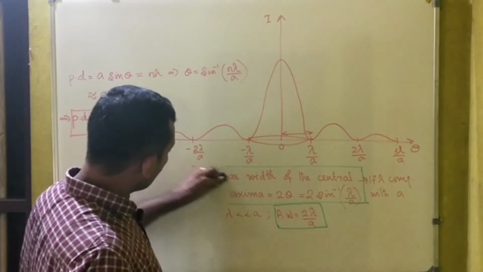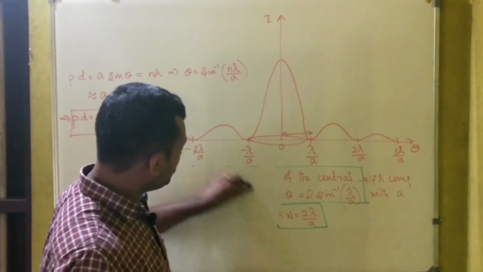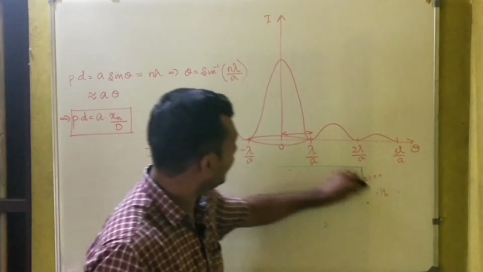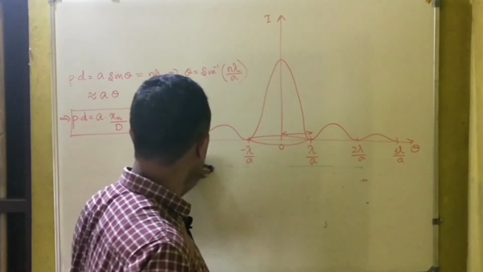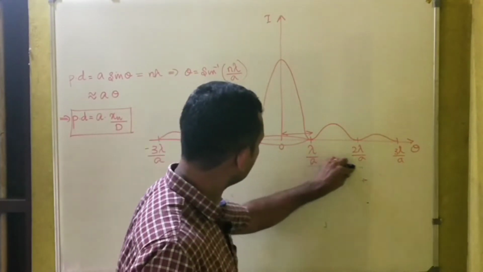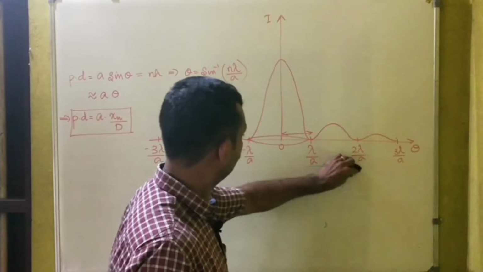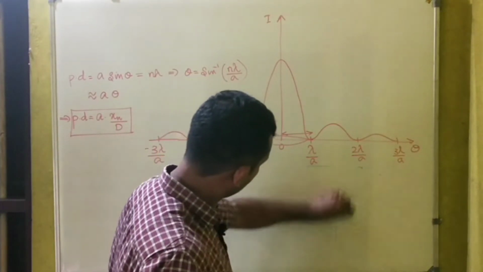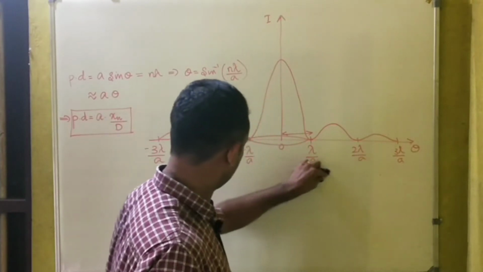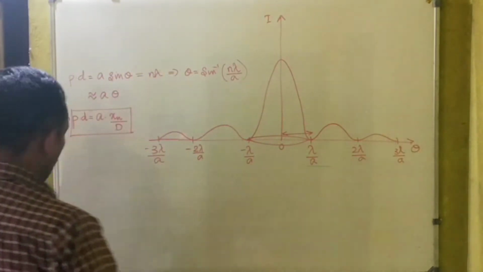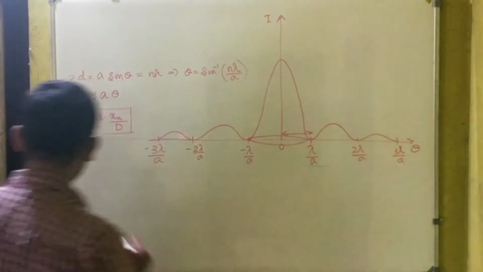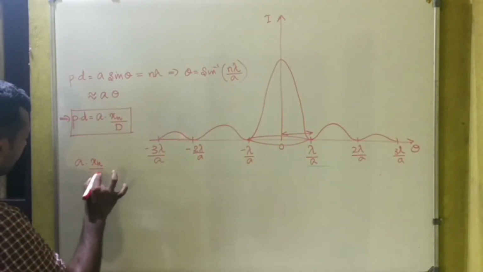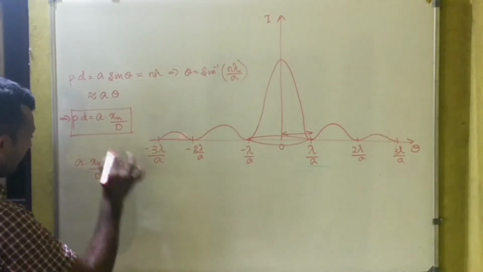The second thing I am going to do is plot a graph between xn and intensity. That also I can do on the same graph. From here we got small a into xn divided by capital D is equal to n lambda.